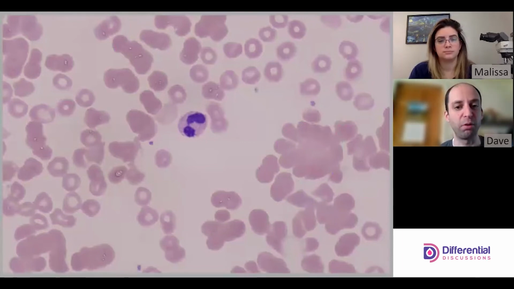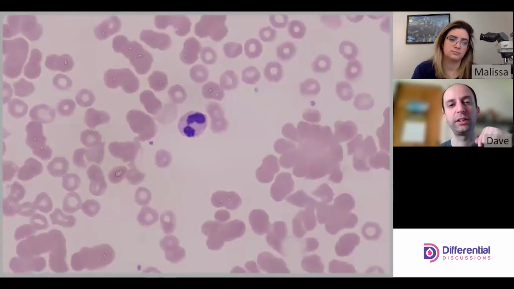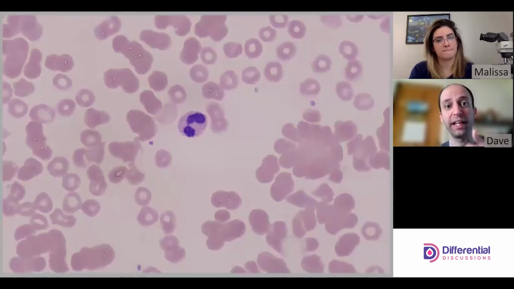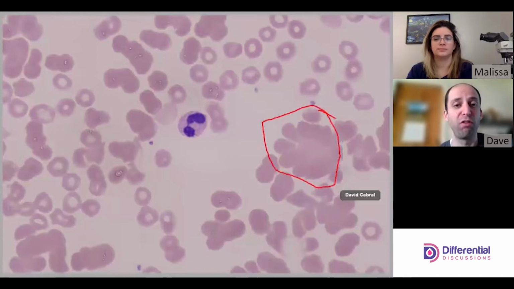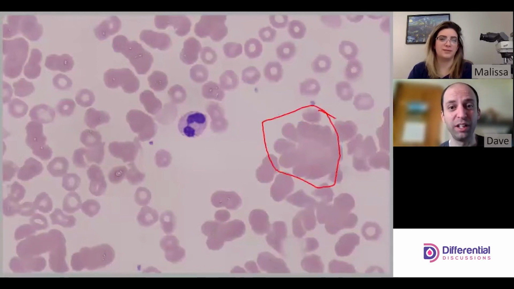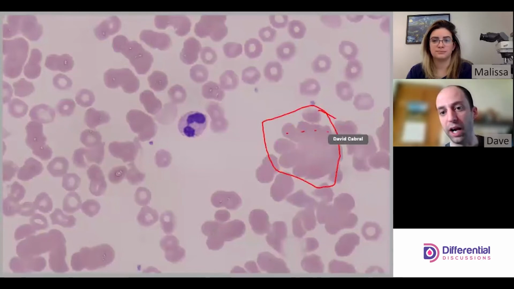In a typical cold agglutinin like this, if you run the sample at room temp or cold, you're going to get a false decrease in red cells and a significantly elevated MCV. If this grouping were to run through my analyzer, it's going to look like one huge red cell. The analyzer is going to count that as one, when in fact it's one, two, three, four, however many cells are there.